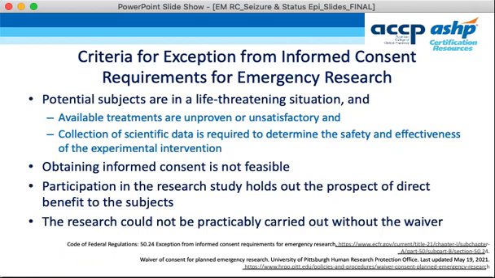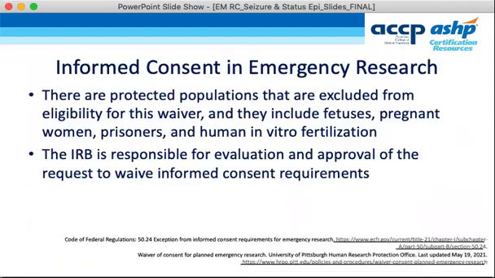Also, participation in a research study holds out the prospect of direct benefit to the subjects. And lastly, research could not be practically carried out without the waiver. There are protected populations, though, that are excluded from eligibility for this waiver, and they include fetuses, pregnant women, prisoners, and human in vitro fertilization. In the end, the IRB is responsible for evaluation and approval of the request to waive informed consent requirements.